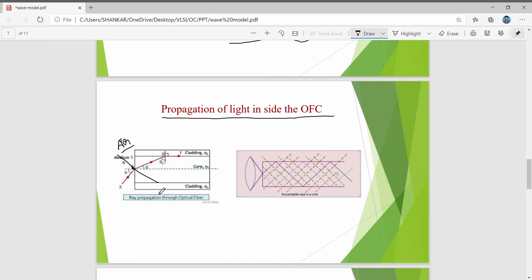At the boundary of core and cladding, the signal will be reflected. At this boundary position, the signal makes some angle here.